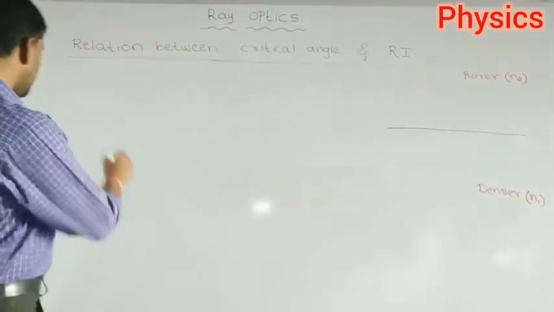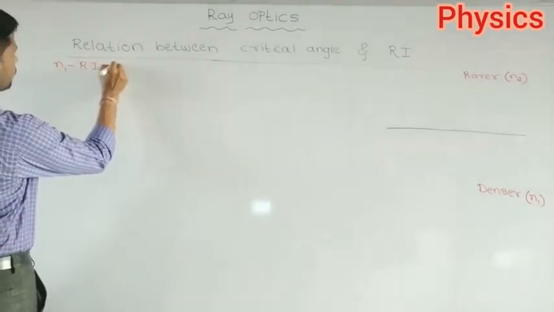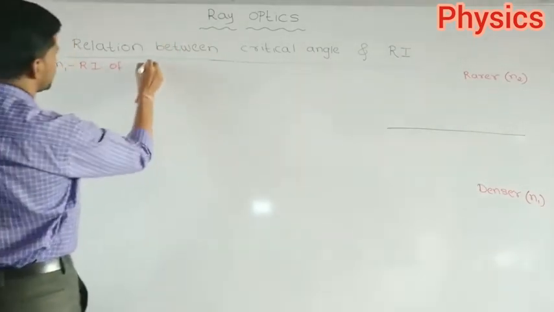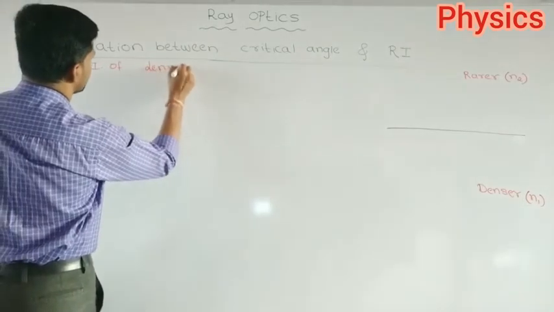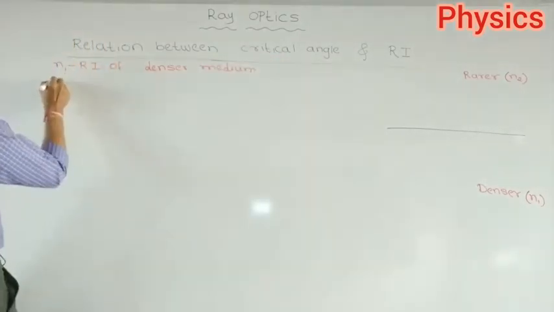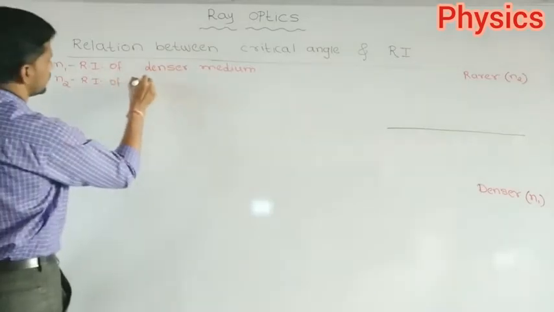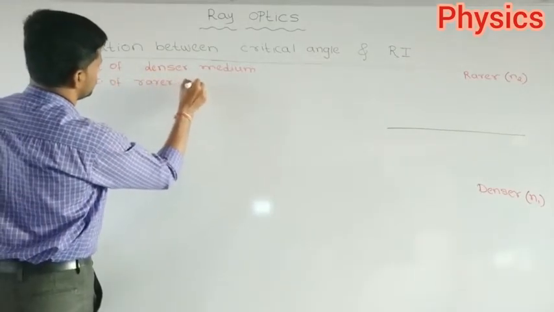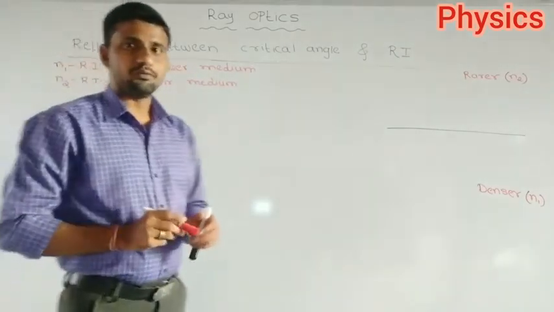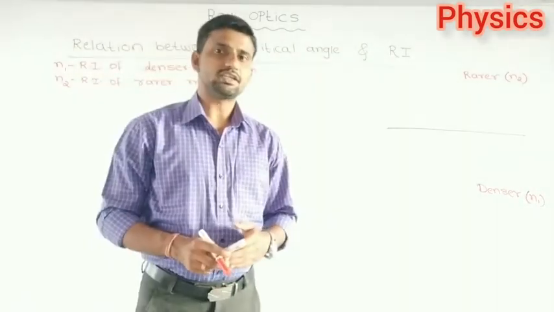So here N1 is the refractive index of the denser medium, and N2 is the refractive index of the rarer medium. We know that when a ray of light travels from one medium to another medium, it will change its path.